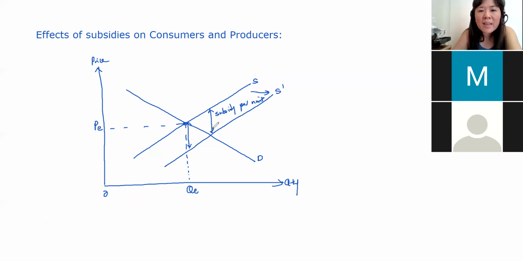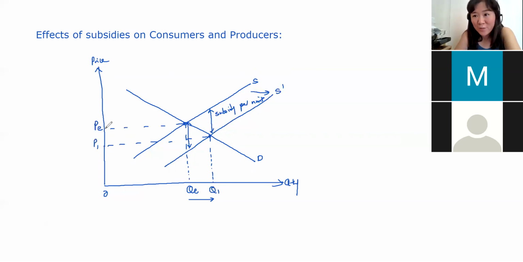So with the cash grants, for instance, this would have helped to increase the quantity transacted from QE to Q1. But it works a little differently from taxes. We establish our new equilibrium price at P1.